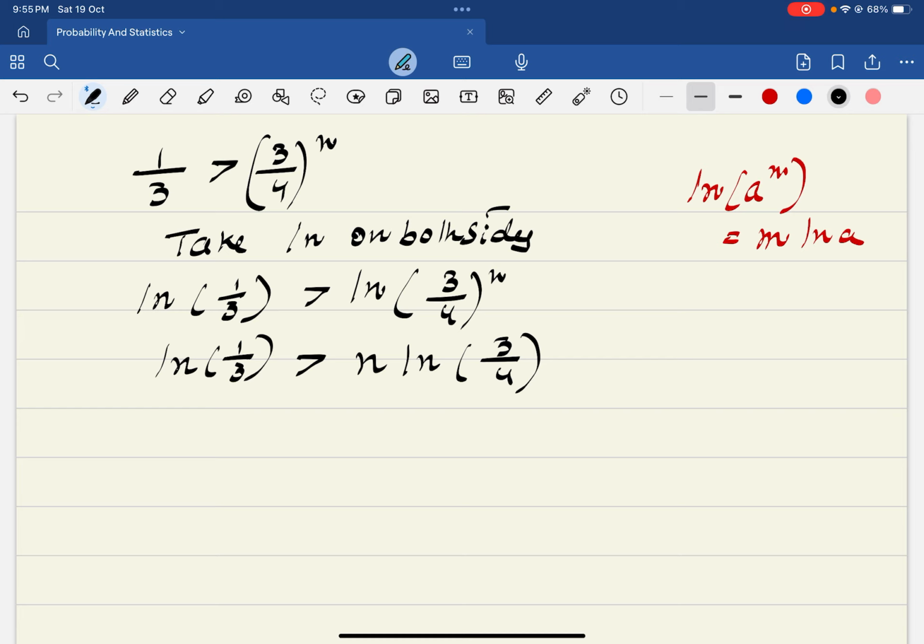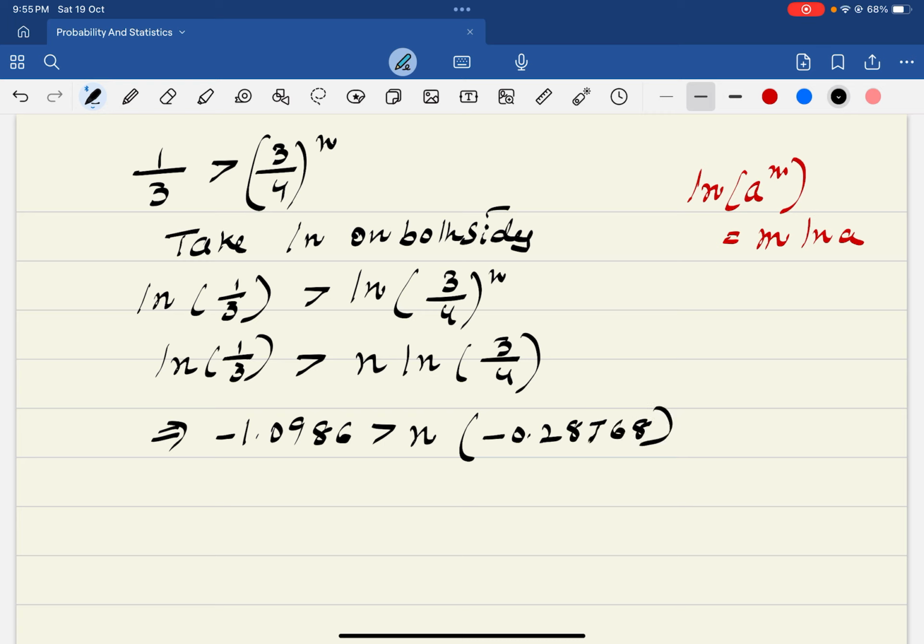Okay. So now what does this give you? ln of 1 over 3 is minus 1.0986, and it is greater than n times ln of 3 over 4, which is negative 0.28768.